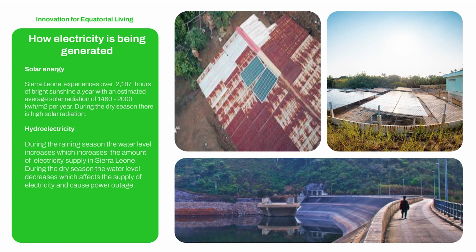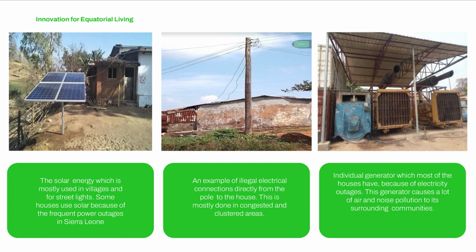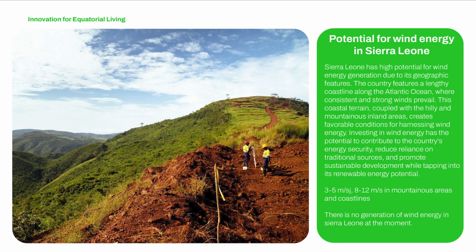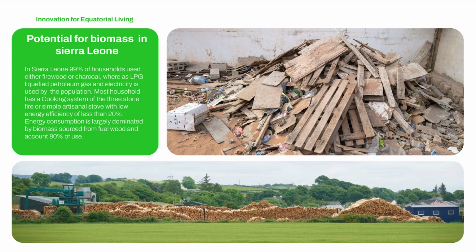We also have other sources of generating electricity, like thermal plants. We have solar energy, and there is no wind energy installed as of now, but we have potential for that. For our current installed hydro capacity, we have the Bumbuna, as I said, 50 megawatts.